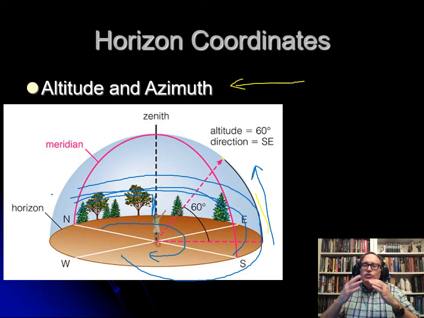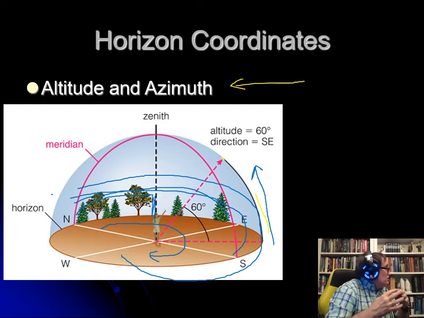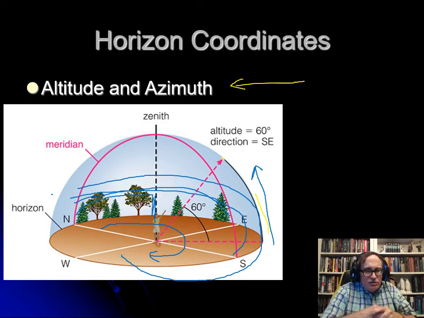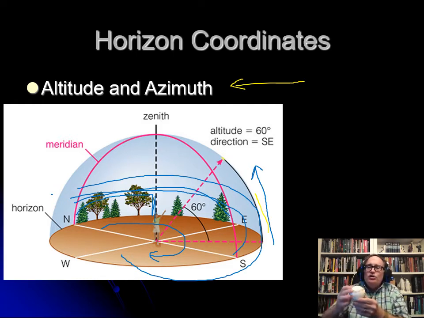Now, there's a problem with horizon coordinates. Okay. The problem with horizon coordinates is that, well, Earth is round. So you got Earth. If you're standing in one part of the Earth, that's straight up. If you're standing on a different part of the Earth, something else is straight up, which means you have a star up here.